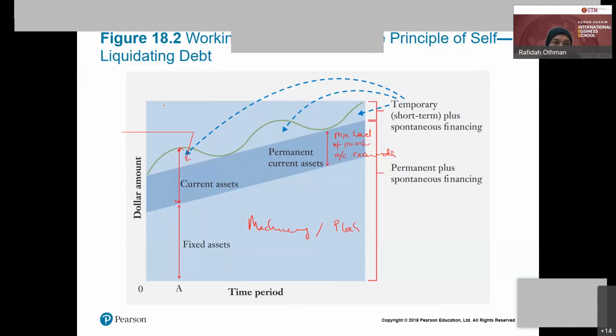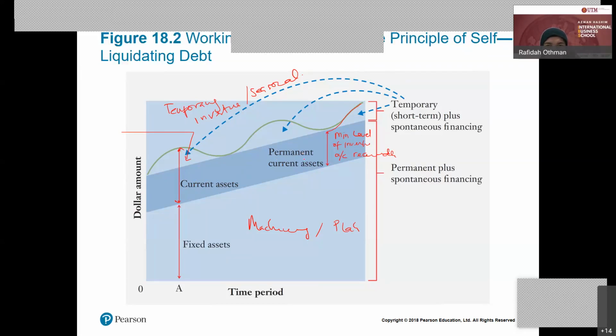This one is a temporary investment. Okay, so this is seasonal. To finance this part, together with the current asset, to finance all the current asset, you have two components here.